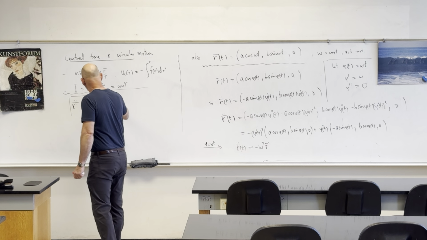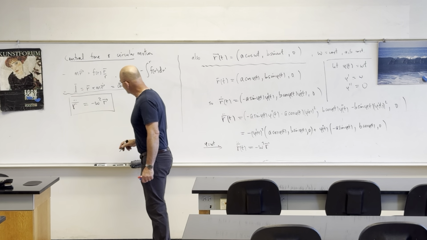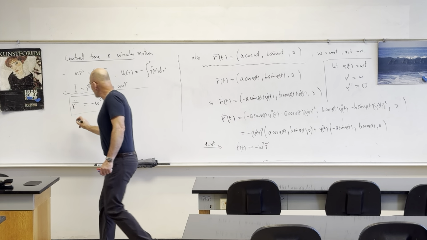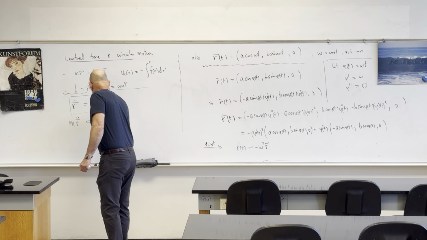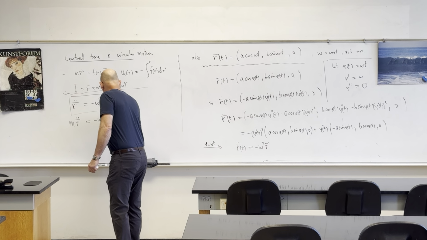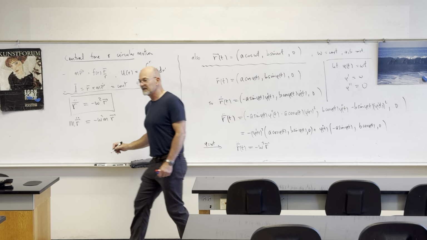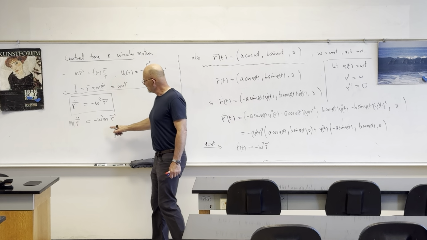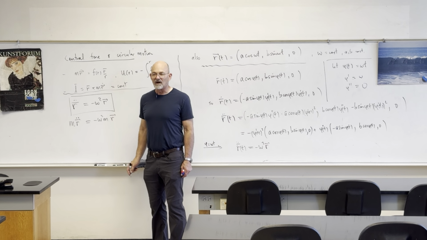And what you have to realize is this. If you just multiply both sides by m, what do you have there? First of all, you have Newton's law, and second of all, you clearly have a central force law.